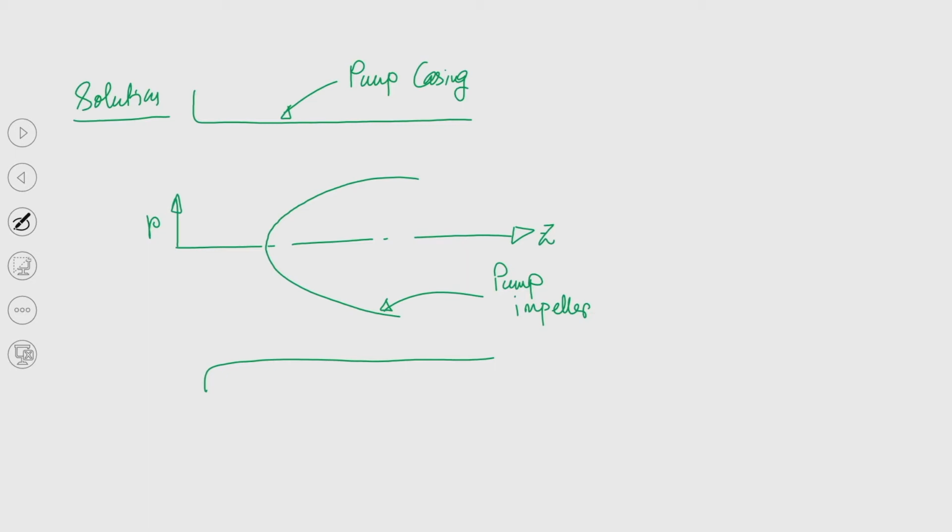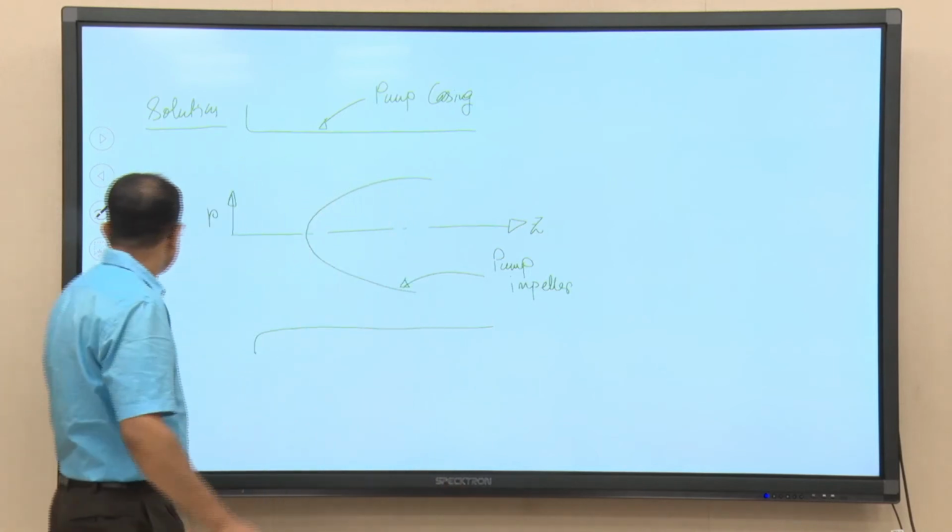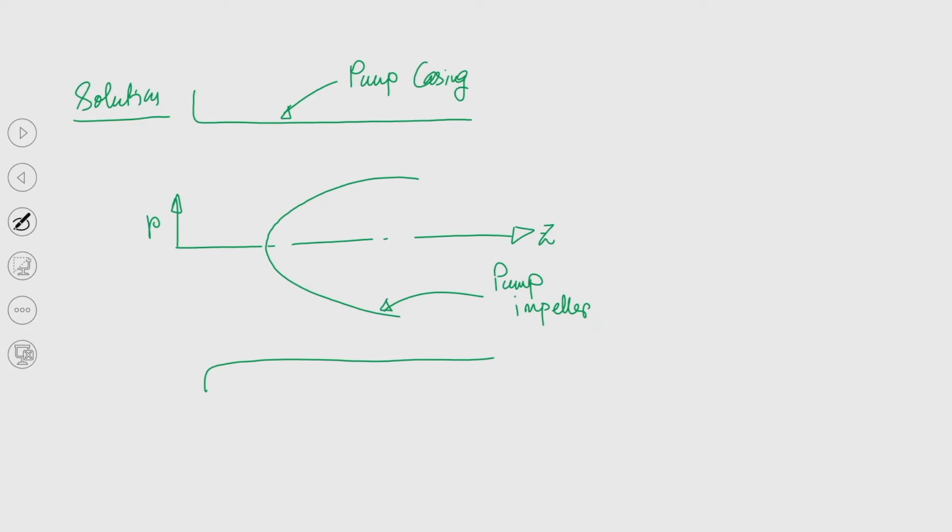Now, what do we need to do next? We need to draw the blade, at least one blade. So, if we try to draw using different colors, this is one blade, and if we draw another blade at the bottom like this, this is basically the hub plus blade. So, these two parts together constitute the pump impeller.